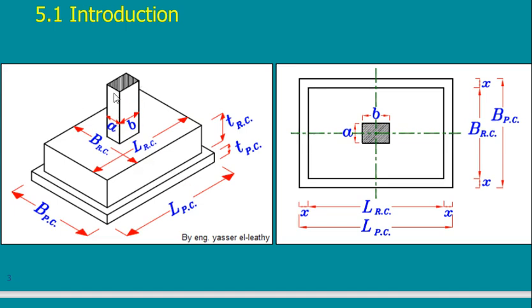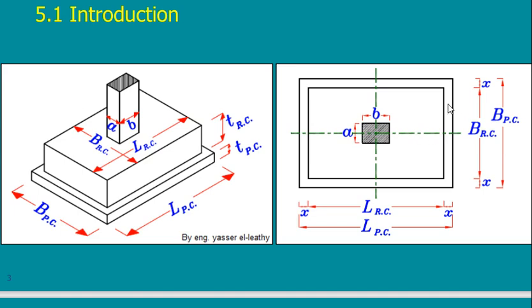An isolated footing is a column resting on an RC footing, and the RC footing is resting on a PC footing. This is in plan. The only thing that we should concentrate on is this protrusion of the plain concrete around the reinforced concrete.